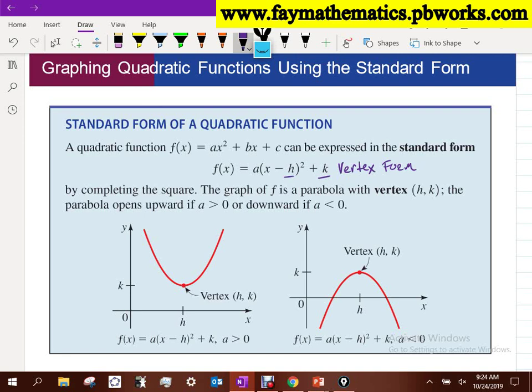And then when I add something to the end of the entire function, doesn't that move it vertically? So if I know my parent function x squared has a vertex at 0, 0, that h is going to take that 0, 0 and move it left or right, and then that k is going to take that 0, 0 and move it up or down. So it's going to put the vertex of my parent function at a new position, and I'll be able to determine what that new position is pretty easily.